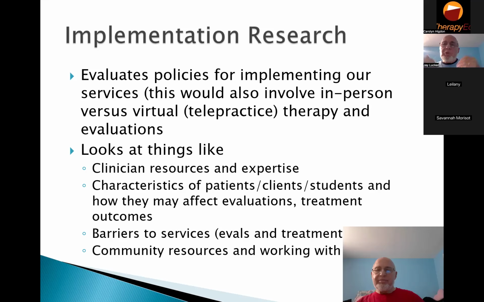implement or use, okay? Implementation research is in implementing our services. This involves things again like in-person, virtual, teletherapy. It looks at clinician resources, your expertise. Here's a great example. Let's say someone posted research on people doing swallow therapy, and they have two groups.